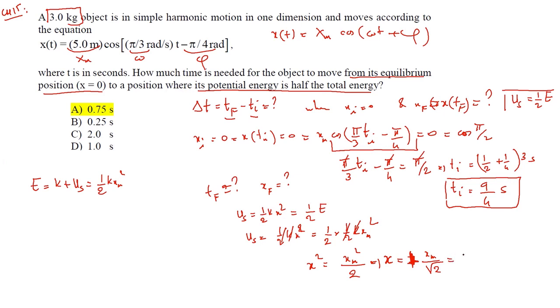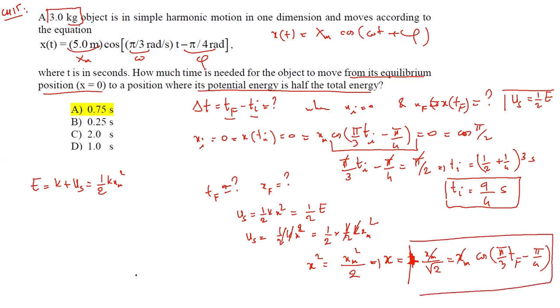That means x at time t final is just x max cosine of (pi divided by 3 t final minus pi over 4). So now I have to solve this trigonometric equation. If I simplify by x max, I get cosine of (pi divided by 3 t final minus pi divided by 4) is equal to 1 divided by square root of 2, which is square root of 2 divided by 2.